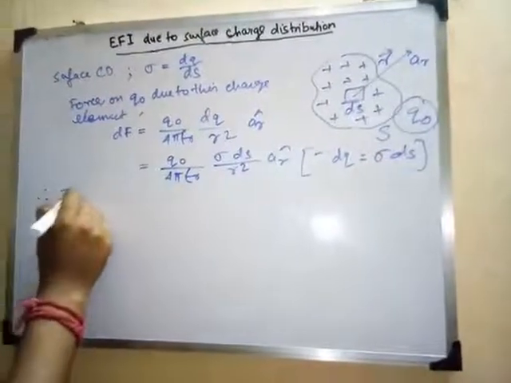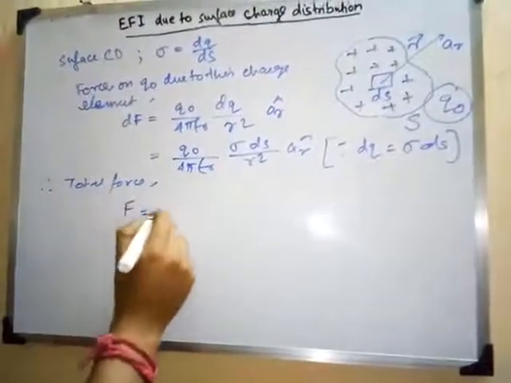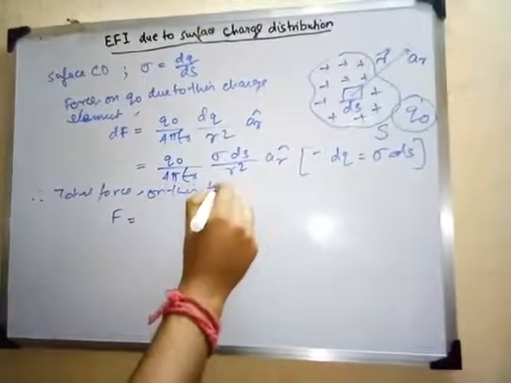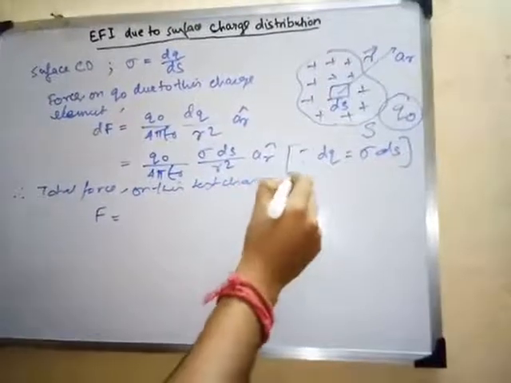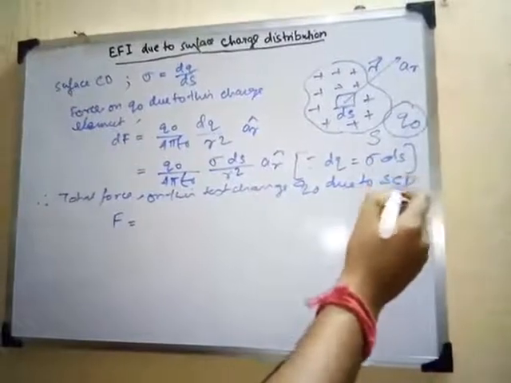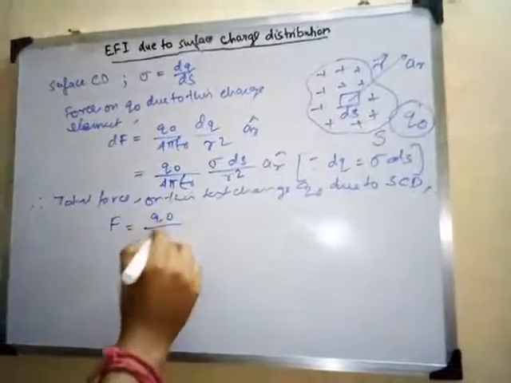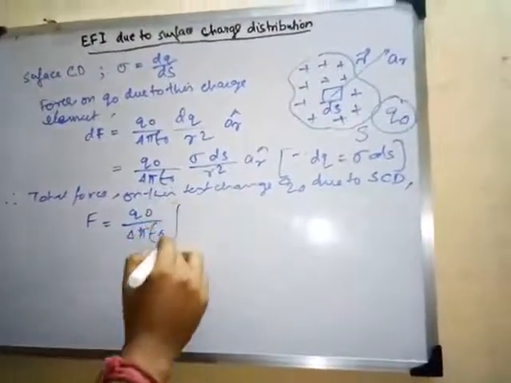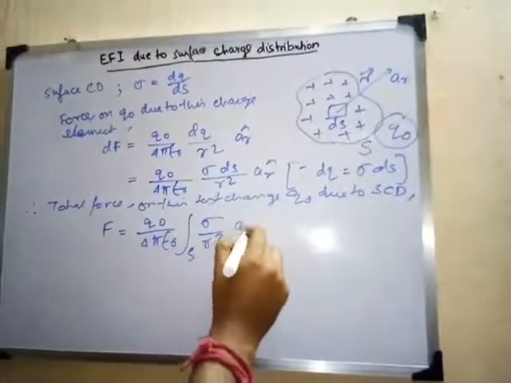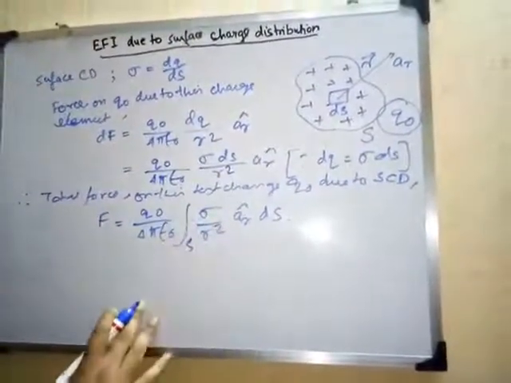So the total force F on this test charge Q naught due to the surface charge distribution, SCD, will be equal to Q naught by 4 pi epsilon naught times the surface integral of sigma by r square aR ds. This is the expression of total force.